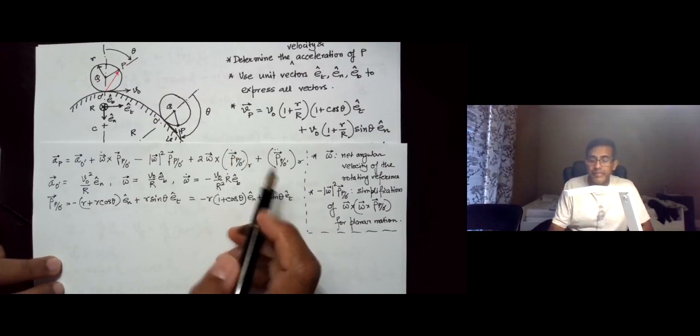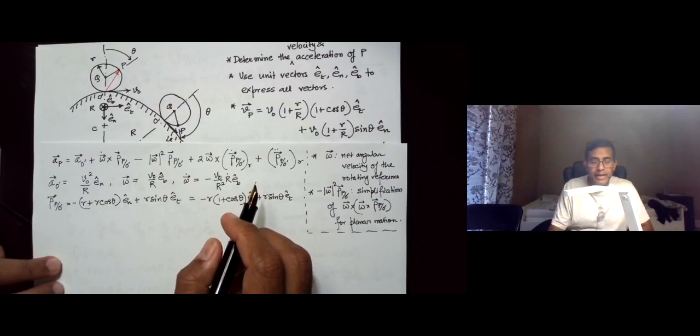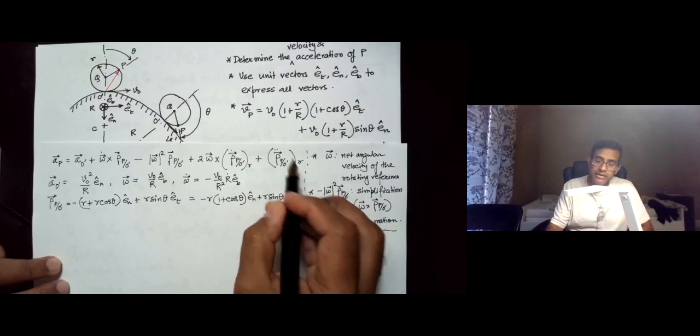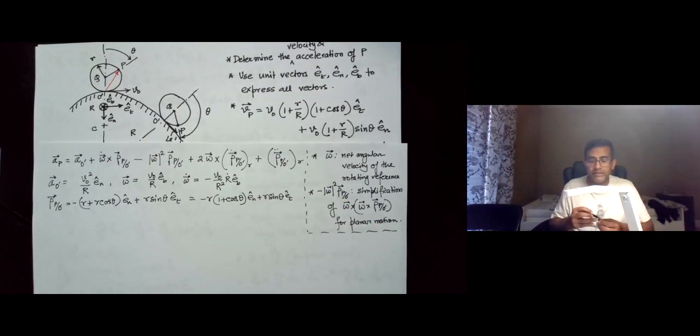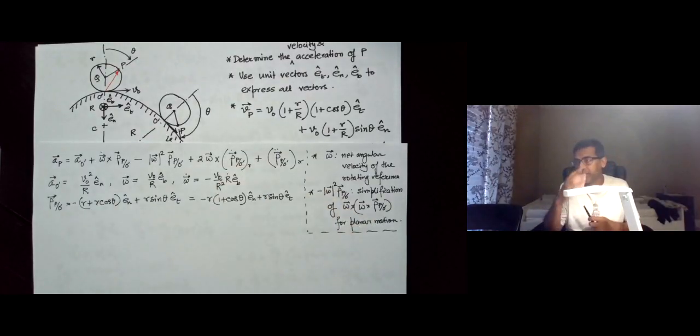Keep in mind again that when the two points, P and O prime in this case, but whatever the two points, are on the same rigid body, and our rotating reference frame is fixed to that rigid body, then this term and this term become equal to 0, because the reference frame is fixed to the rigid body and rotating with it, so the two points do not perceive any motion with respect to each other.